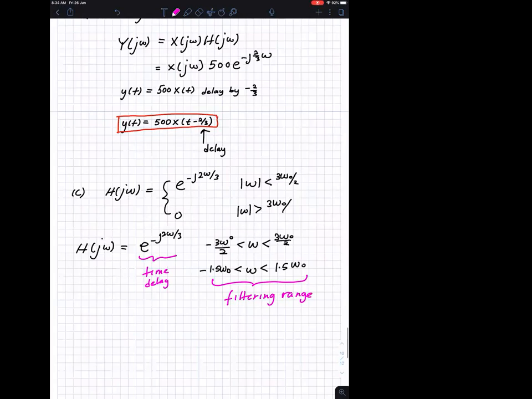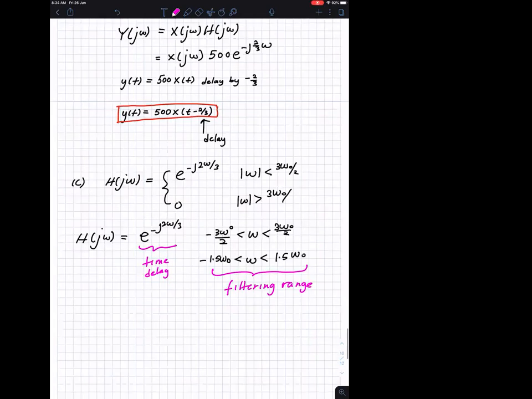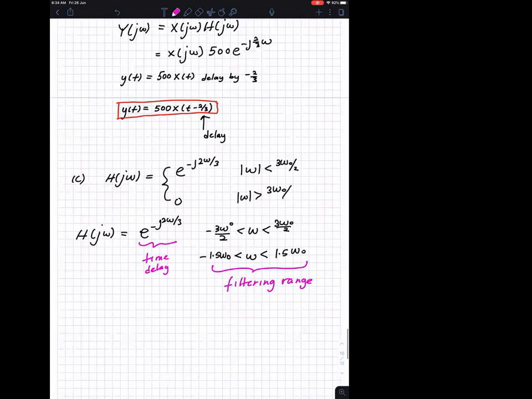So you have two things to watch out for here. Now the filtering range is from minus 1.5 omega naught to 1.5 omega naught.